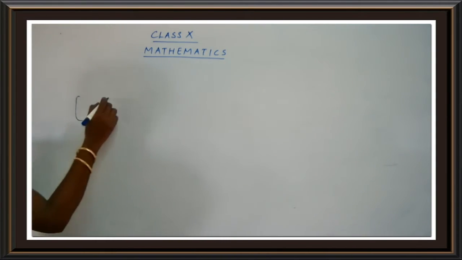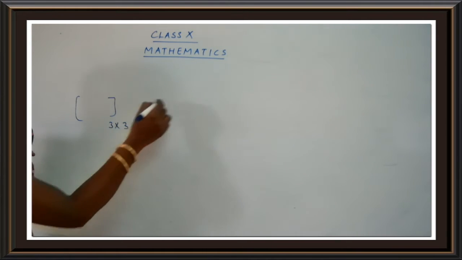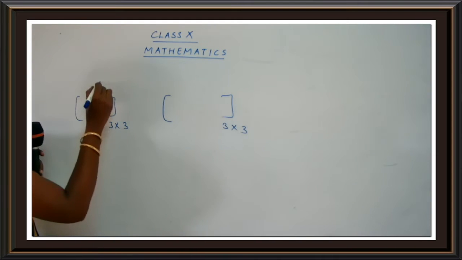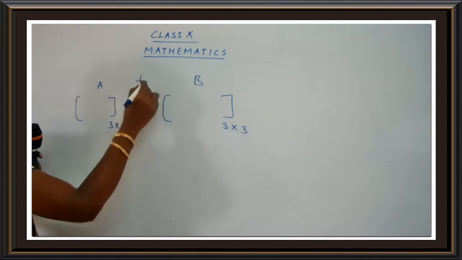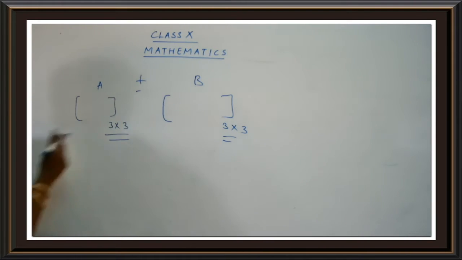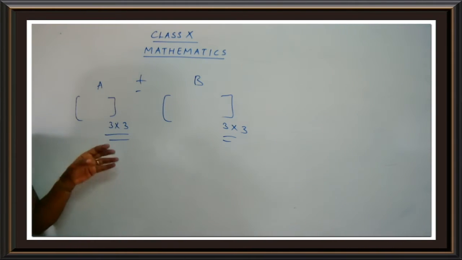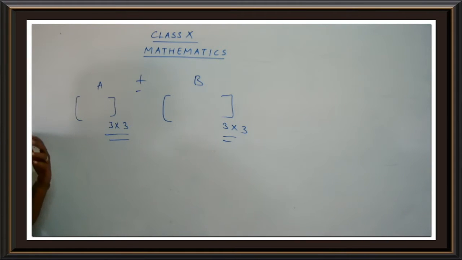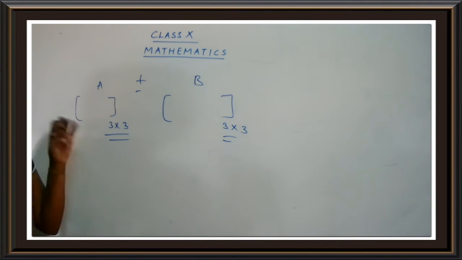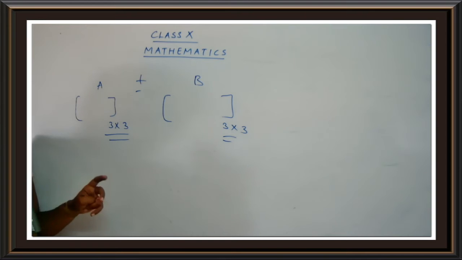Suppose you have a matrix of 3 by 3 order, you have to have one more matrix of order 3 by 3. So you can add a matrix if they are having the same order, or you can subtract the matrix if they are having the same order. You cannot add or subtract matrices of different orders.